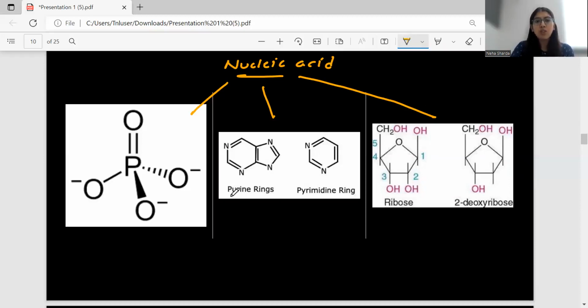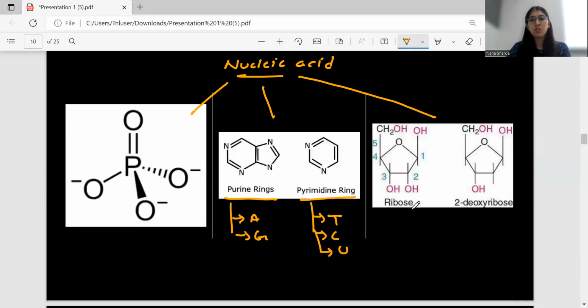We have two types of nitrogenous base: purine ring and pyrimidine ring. Purines are of two types: adenine and guanine. Pyrimidines are of three types: thymine, cytosine, and uracil. So clear class? Pentose sugar, nitrogenous base, and phosphate.